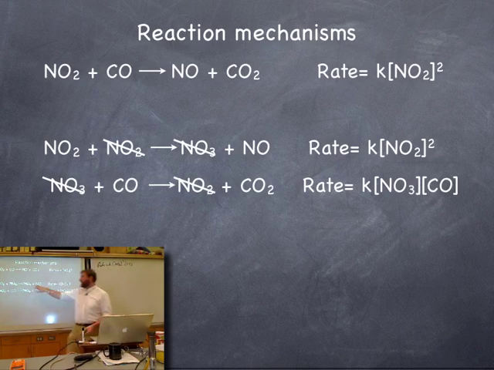I used the stoichiometry to say, for every 1 NO3, I need 2 NO2s to produce it. So the concentration of the NO3 is controlled by, or is equivalent to, the concentration of the NO2s, if I wanted to express it in terms of my reactants that are in the overall reaction.